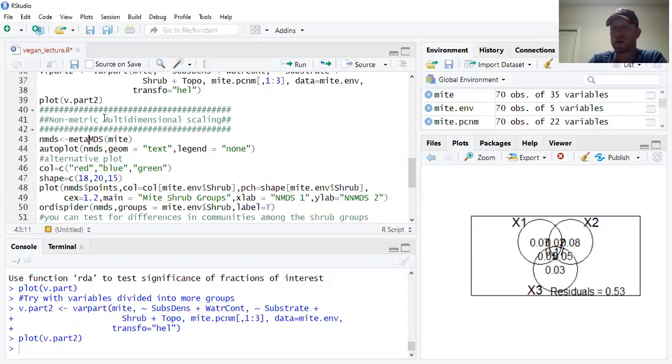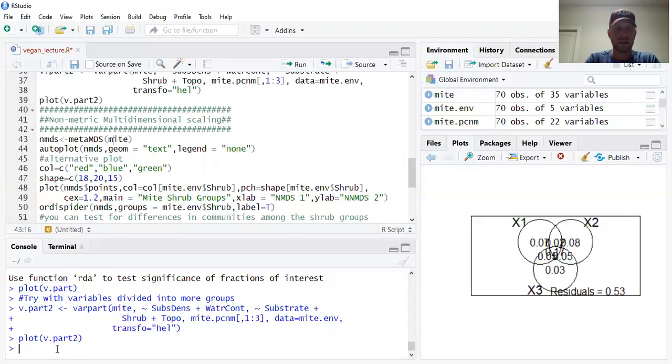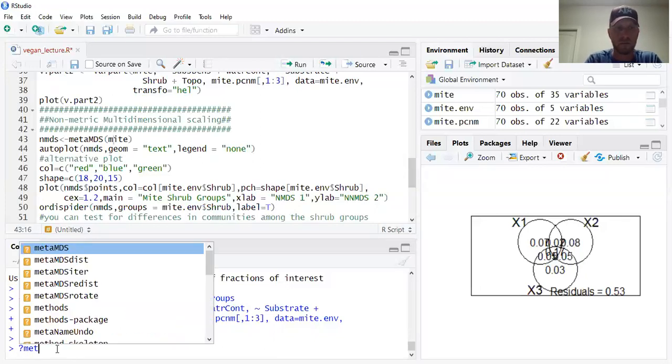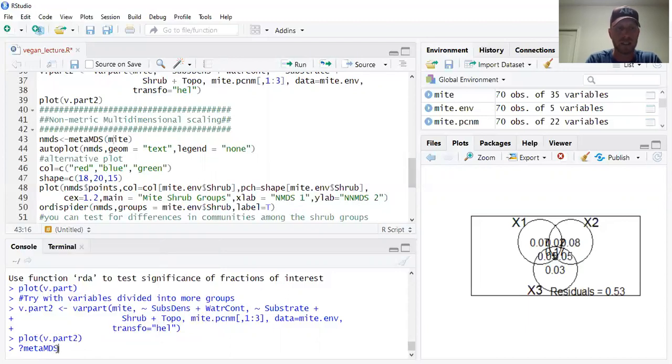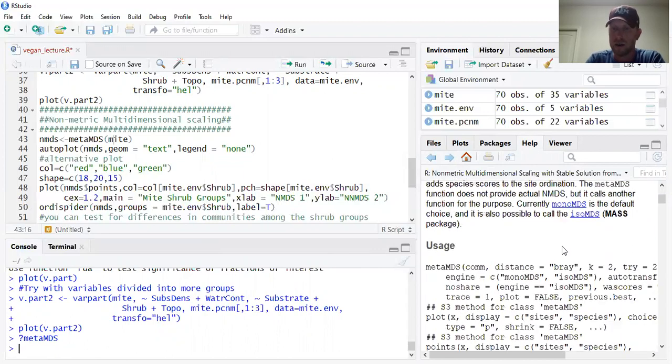So that's what we're trying to ordinate in space with this metaMDS. So the function here is metaMDS. There are a lot of defaults that are assumed here. So if you do a question mark and type in metaMDS, it comes up in the help section here. This is from the vegan package.